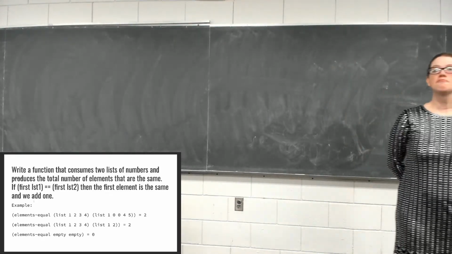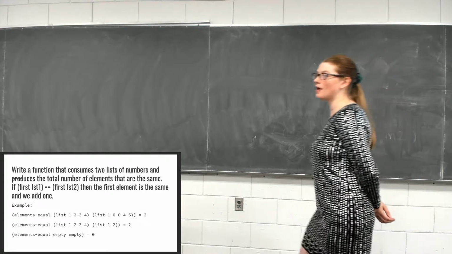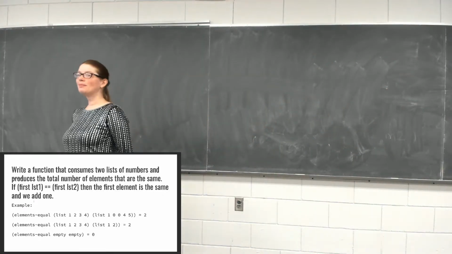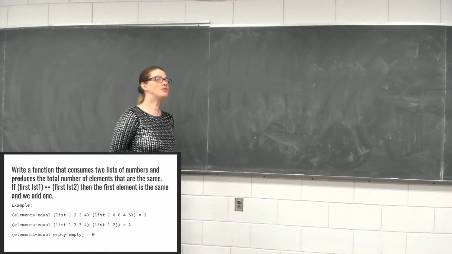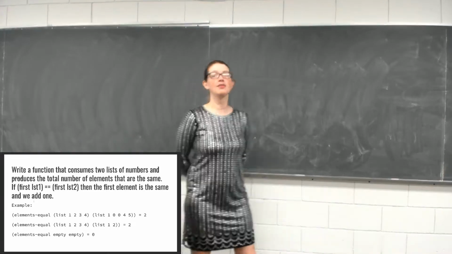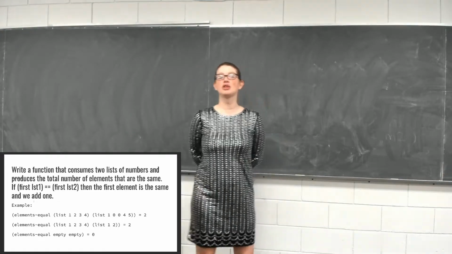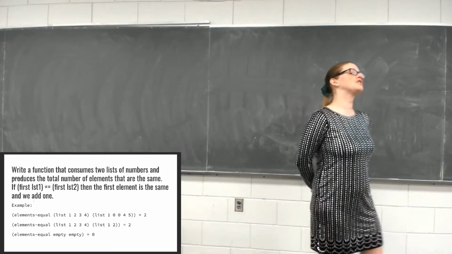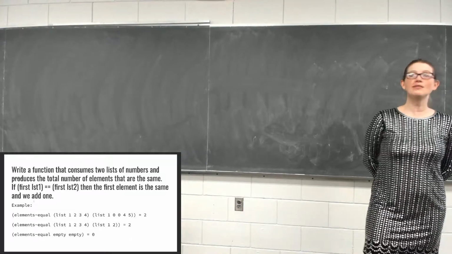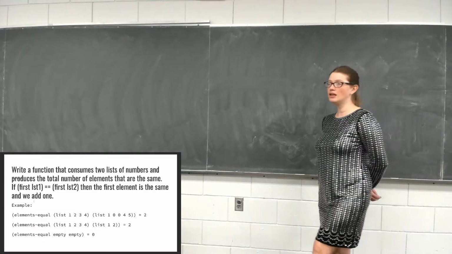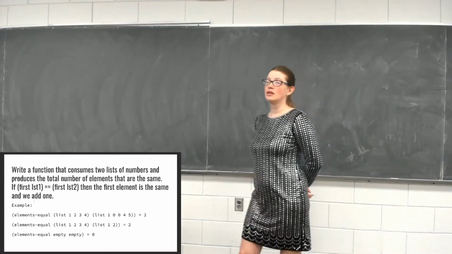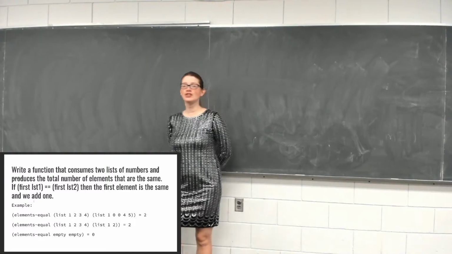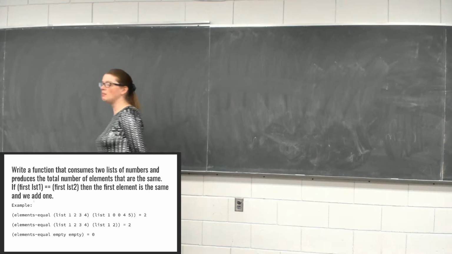All right. I know there's not a lot of time to think about this particular problem, but to start out with, let's think about how we do recursion when we have two lists that we want to recurse on. We have to take into consideration there are 4 possible cases: both lists are empty, the first list is empty but not the second, the second list is empty but not the first, and both lists are non-empty.